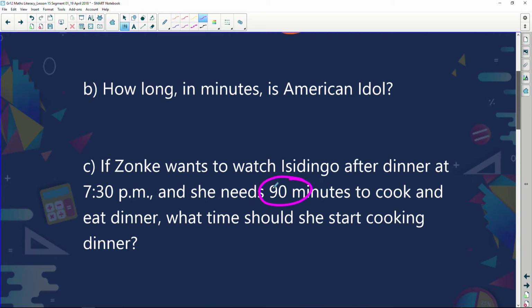So if Isidingo starts at 7:30, then we've got to subtract 90 minutes, which is an hour and a half. And an hour and a half before 7:30 must be 6 p.m. So Zonke is going to have to start cooking at 6 o'clock, which will give her time to cook the meal, to eat the meal, and then to relax in front of her TV and watch Isidingo.